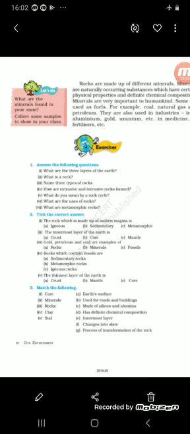Minerals have definite chemical composition. Rocks are used for roads and buildings. Clay changes into slate. Shell is made of silicon and aluminium. Okay, I hope you listened carefully.